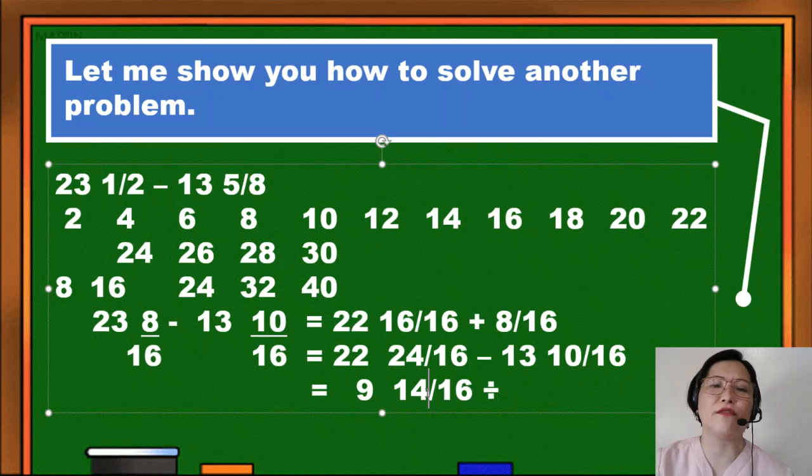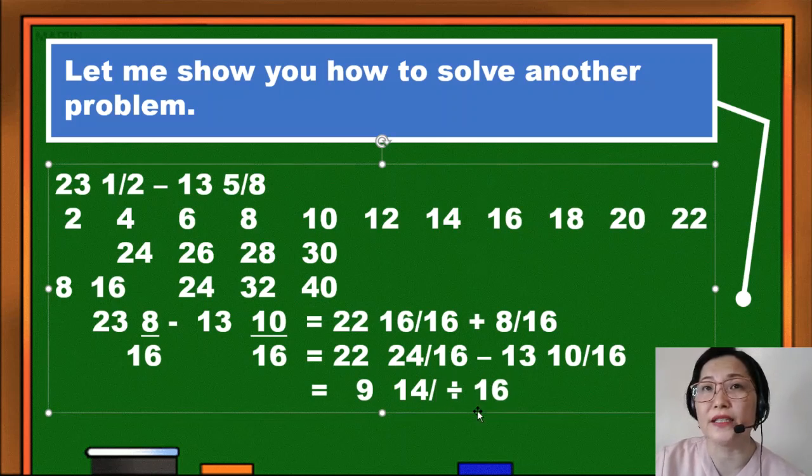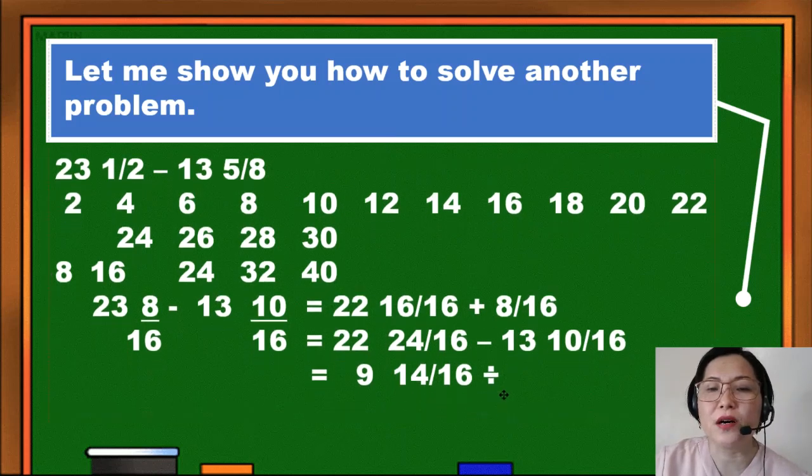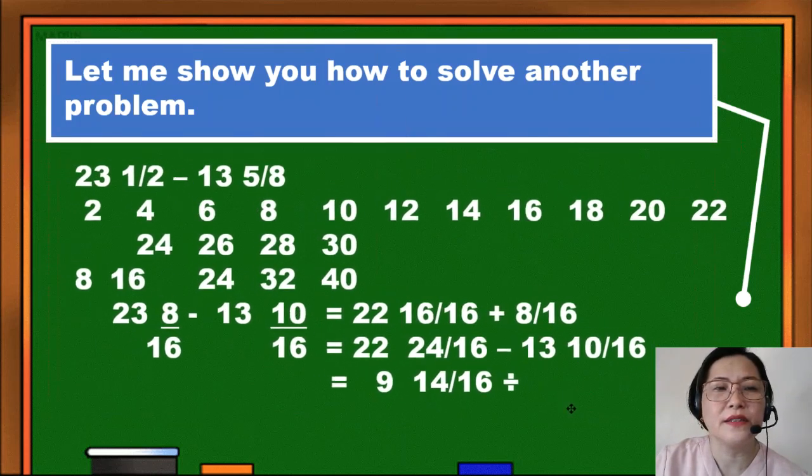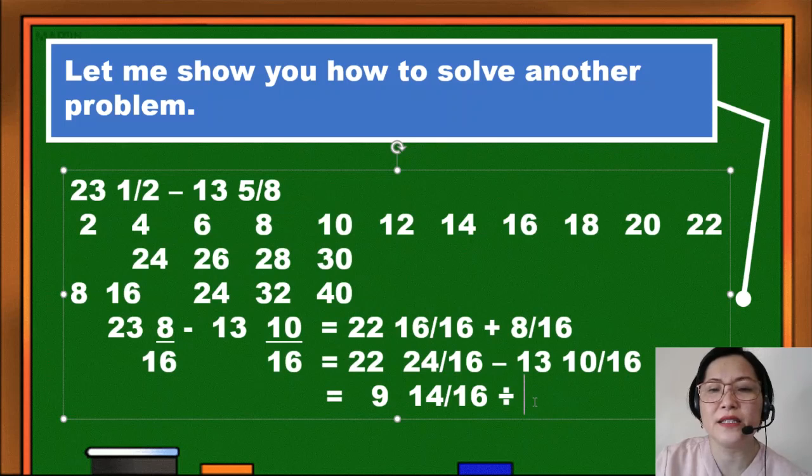So what are the factors of 14? 14 times 1 and 7 times 2. How about 16? 16 times 1, 8 times 2, 4 times 4. So what is the greatest common factor there? Yes, that is 2.